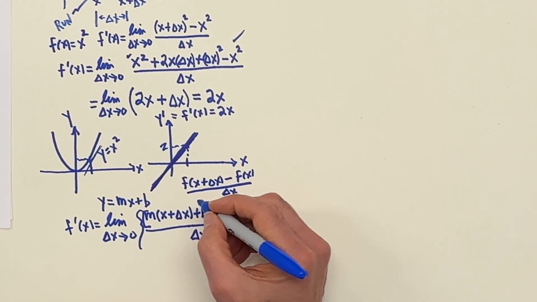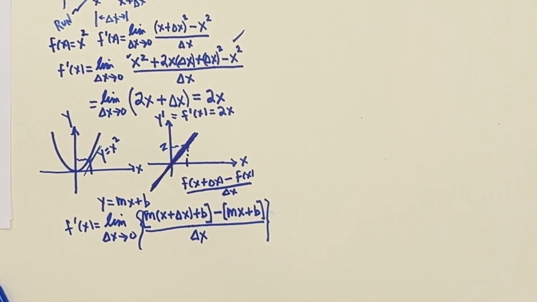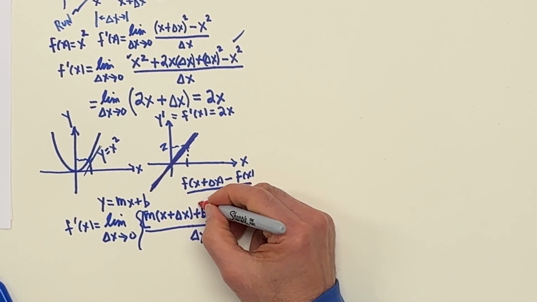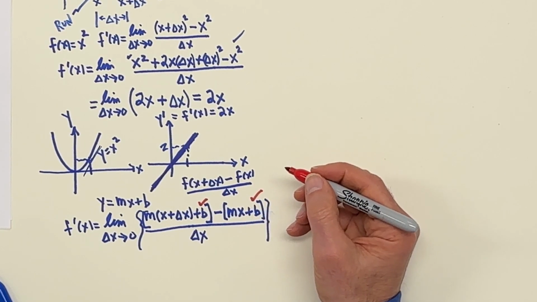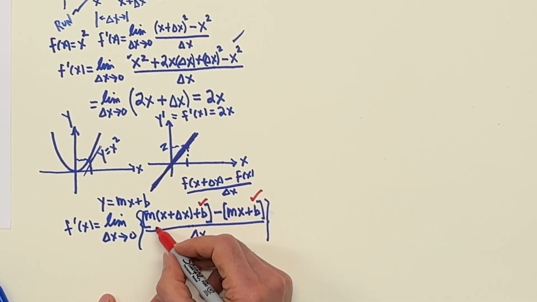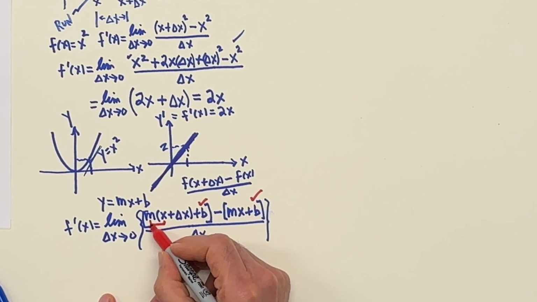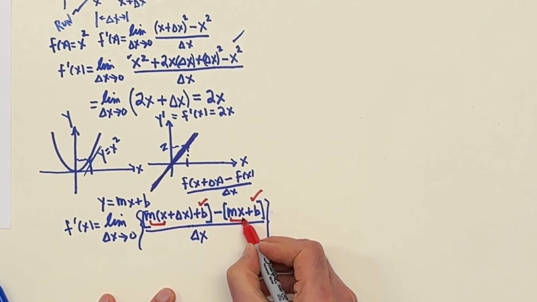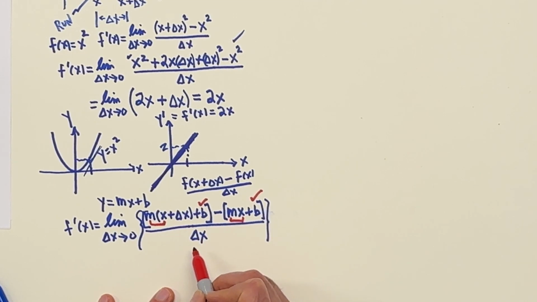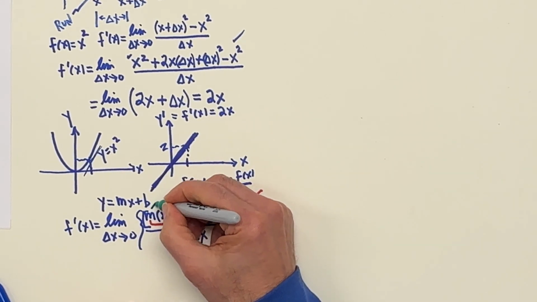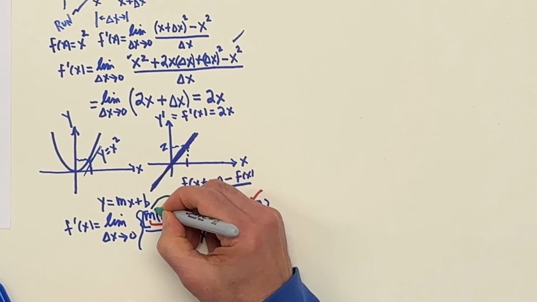So now we have cancellations occurring here also. This b is going to cancel with this b, and you can see that this m times x will cancel this m times x. So the only thing I'm going to have left is this m multiplied by the delta x.